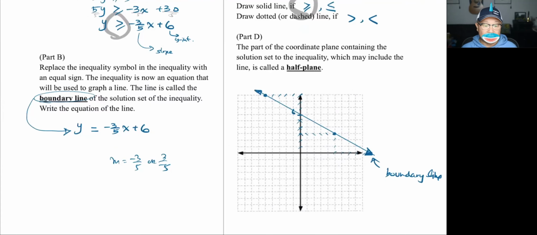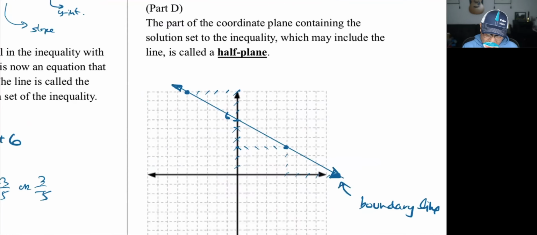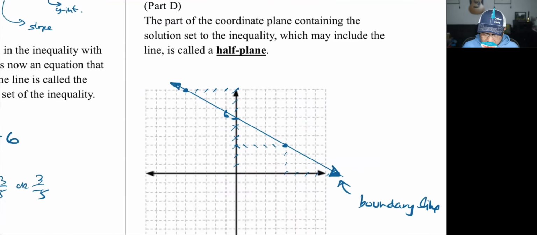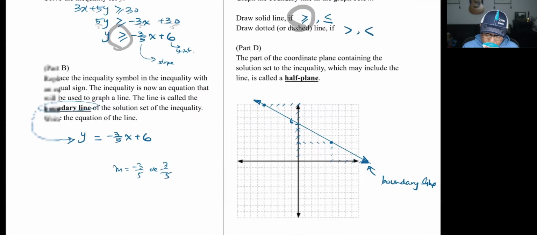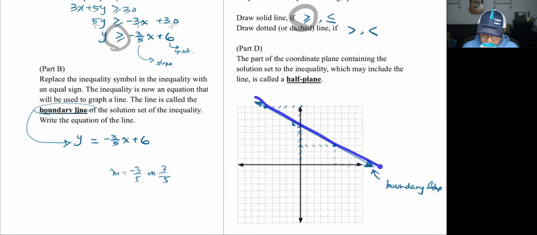Okay, so that's good. Now let's focus on part D, which is to say, the part of the coordinate plane containing the solution to the set of the inequality, which may include the line, is called half plane. Well, we'll include that solid line as part of the solution if it's greater than or equal to or less than or equal to.